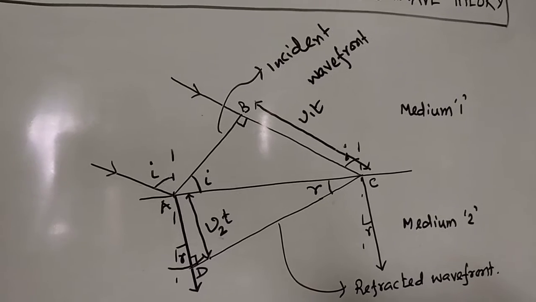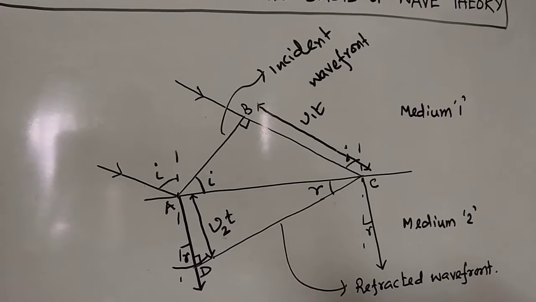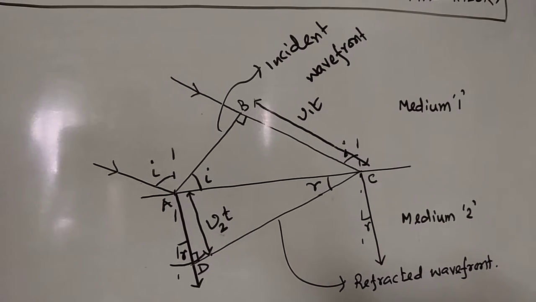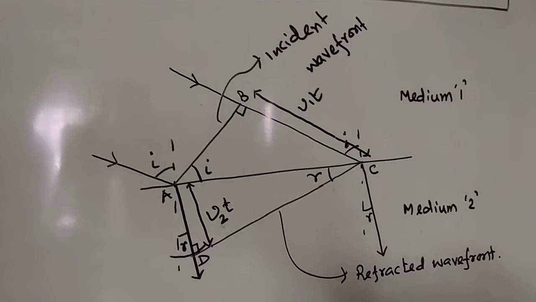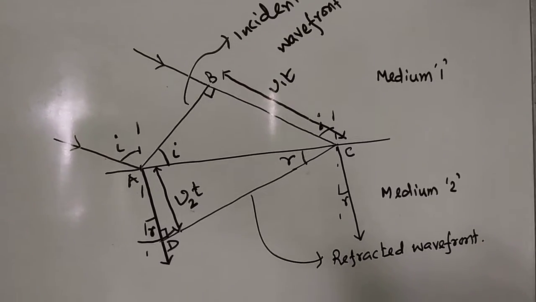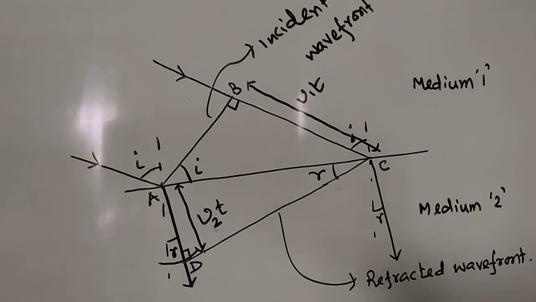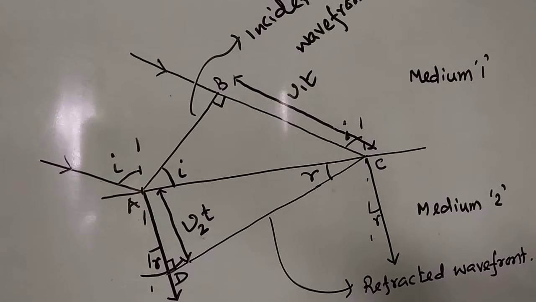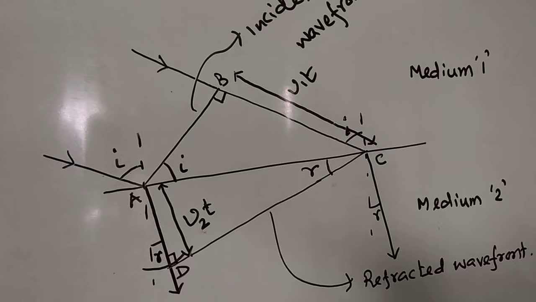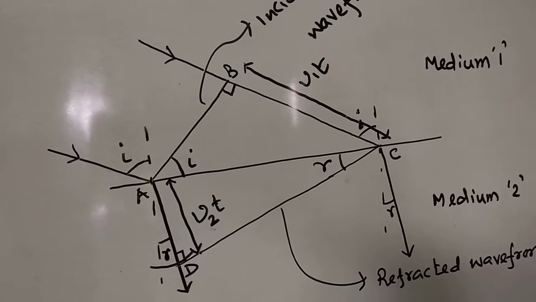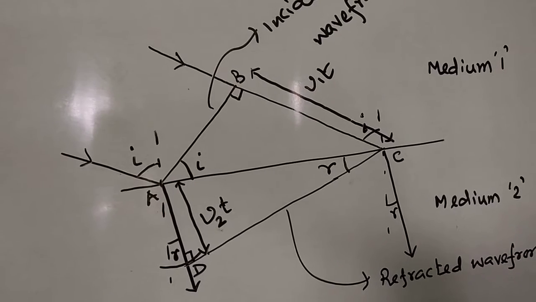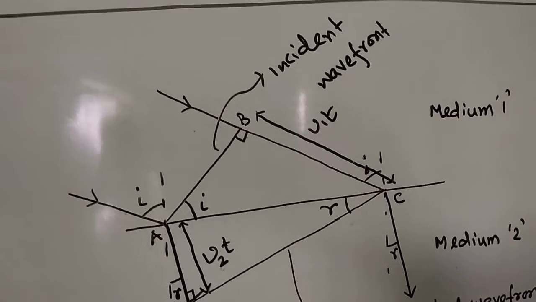Before starting this explanation, let me remind you that the ray and wavefront are perpendicular to each other. Number 1 point. Here you see the incident wavefront strikes the interface, and the rays corresponding to it are perpendicular to the wavefront. The first ray corresponding to the incident wavefront strikes at point A, and AB itself is the incident wavefront.